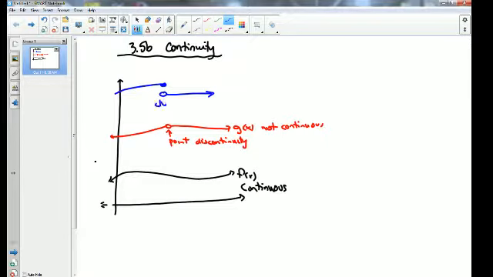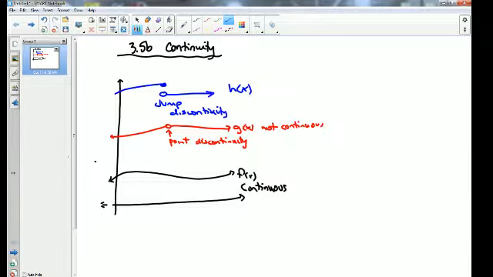Okay, so we have a jump discontinuity. We'll call that h. So three different functions. They all meet the criteria for a function. They just have a couple of different discontinuities.